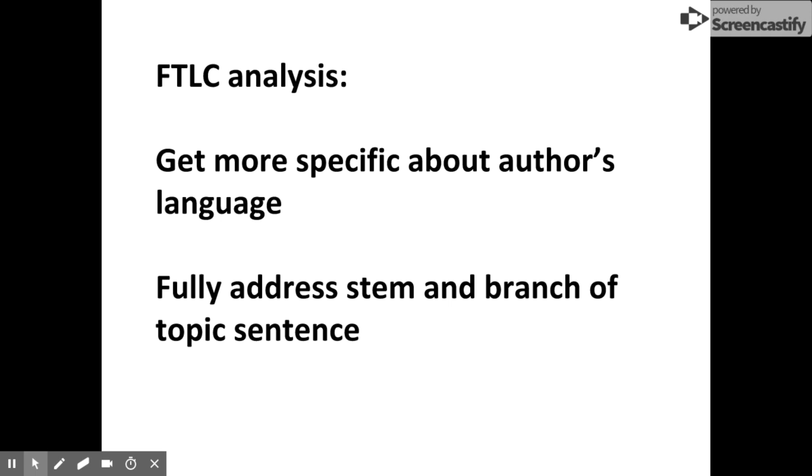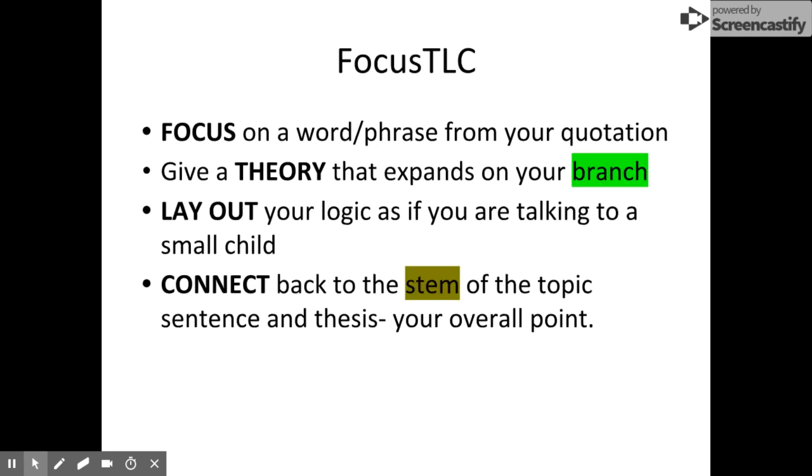And it also really pushes you to think about fully addressing the topic sentence, both the stem of the topic sentence, that main answer, and the branch. So the basic steps of focused TLC is after every quote, you pull out a word, phrase, or concept from your quotation that you focus on.